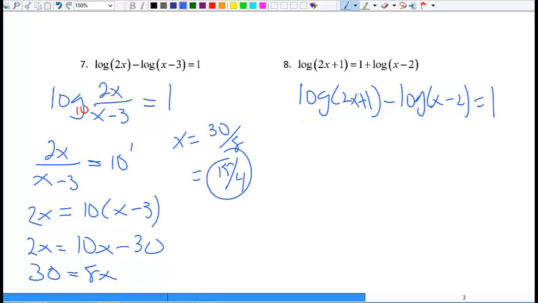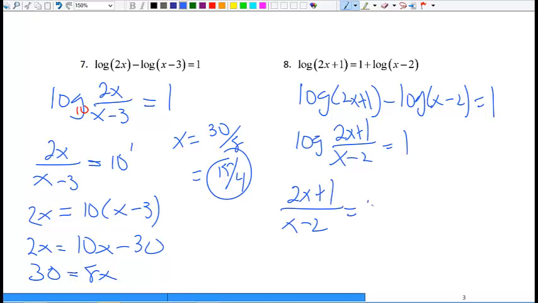And I can do the same process as number 7 here. So log of 2x plus 1 over x minus 2 equals 1. And if I convert that to exponent form, I get 2x plus 1 over x minus 2 equals 10. Distribute that in, so I get 2x plus 1 equals 10x minus 20.